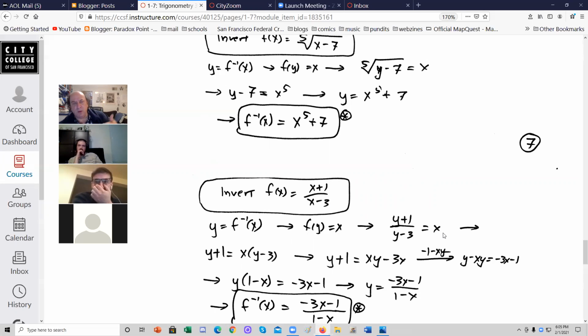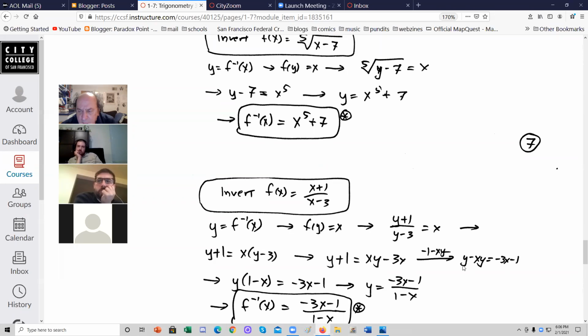Now we do as we did with the previous linear fractional function. We multiply both sides by y minus 3 to get this. We distribute the x, so y plus 1 equals xy minus 3x. Now, we want to move this term with a y to the left. We want to move this term with a 1 to the right. So you subtract 1 from both sides, subtract xy from both sides.